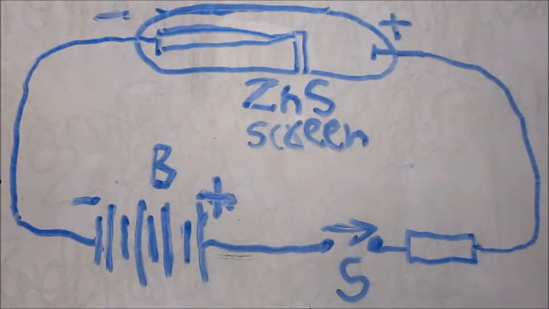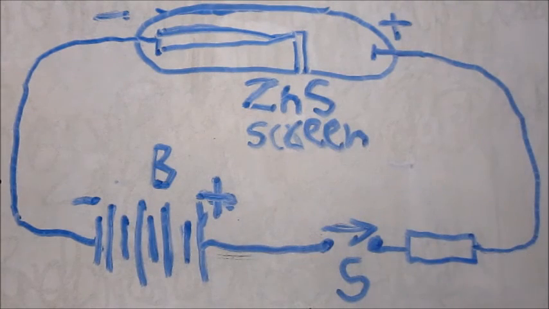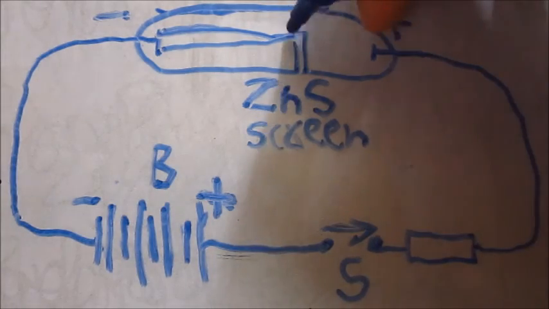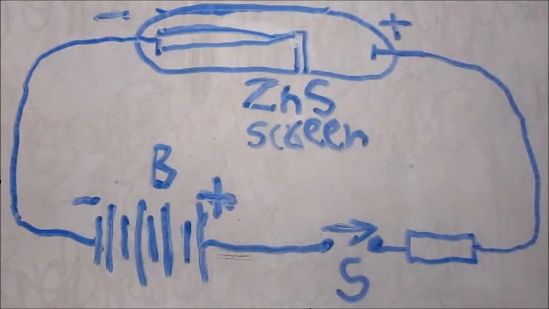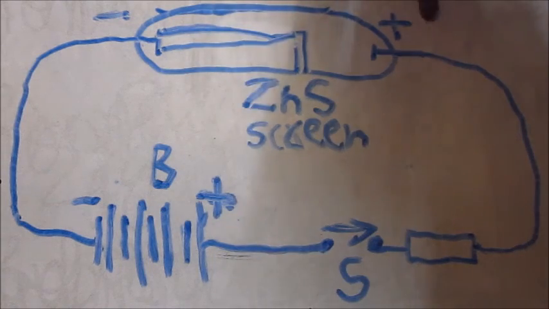More experiments proved that the cathode does not give out invisible radiations. Actually, tiny particles present in the cathode moved from the cathode towards the anode. These particles were named electrons. The electrons, on striking the screen, made it glow.